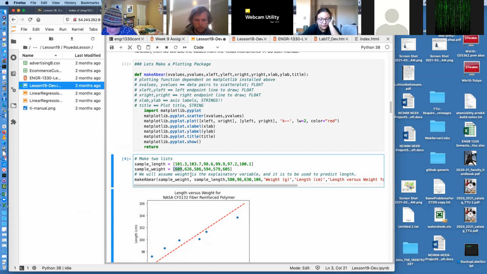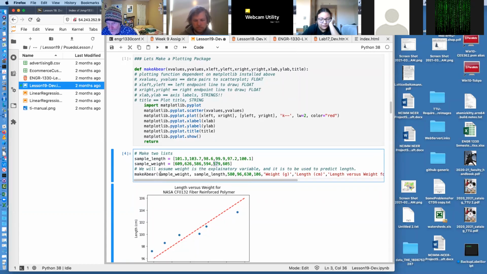That kind of makes sense, but a long fiber had a higher weight than a short fiber. And so for whatever reason, we're going to see if the length versus fiber weight has any meaningful linear relationship.